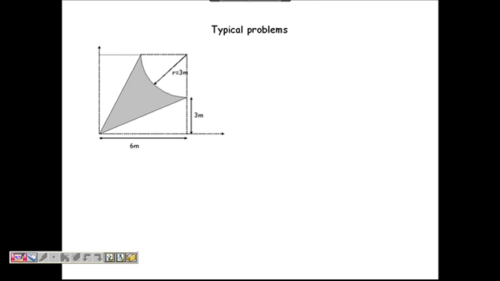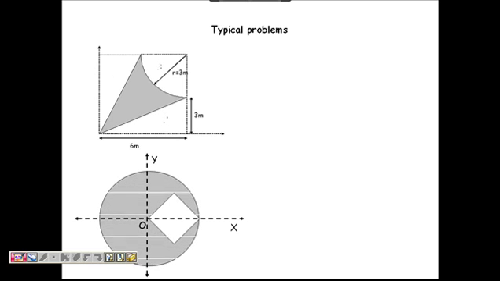You all will agree that this shaded portion has come about if from the square you take out triangle number 1, then you take out triangle number 2, and you take out the quarter circle, which is called 3. If you take these 3 out of this square, you get the shaded figure. And what is expected is that you develop a capability to find the location of the centroid of such a figure.